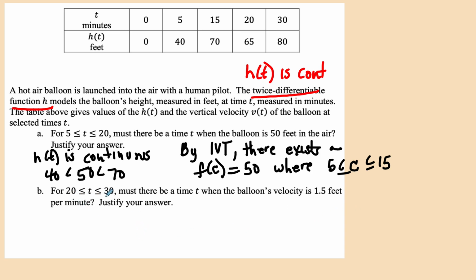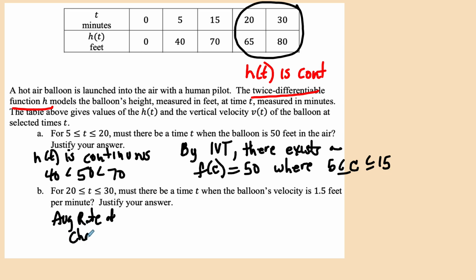For 20 to 30, there must be a t where the balloon's velocity is 1.5 feet per minute. So they're asking, are we going to be able to have an instantaneous rate that's 1.5? Let's take a look at between 20 and 30 and find the average rate of change.